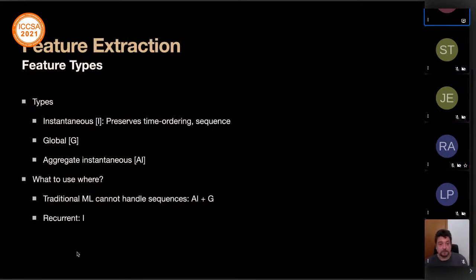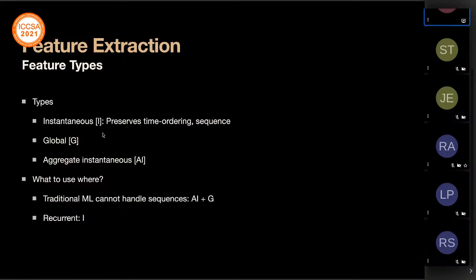Okay, now the types of features that we extracted for the machine learning model. There were three types. One is instantaneous. Similar to the short-time Fourier transform, we again partition the audio sample into different lengths, and you extract the features over those short lengths. So in essence, you get a sequence of features.